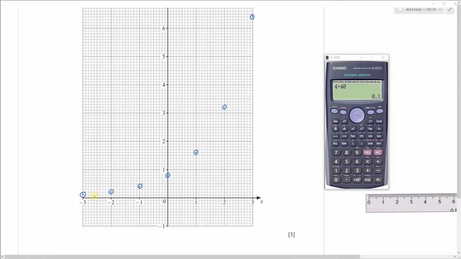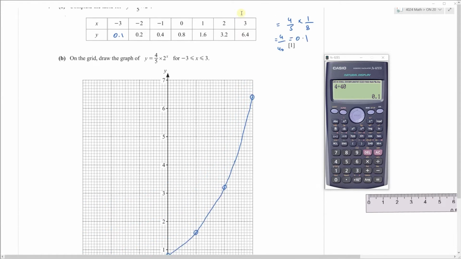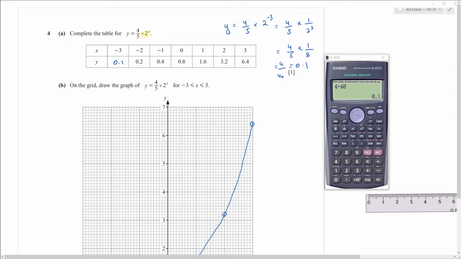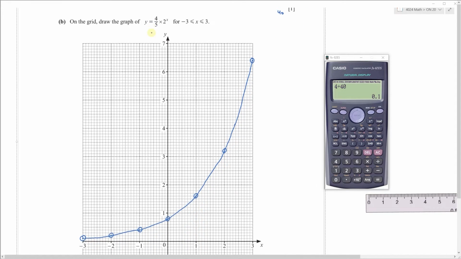So now we can join them to form a smooth curve. So let me try to do that. So this is your graph for the equation y equals 4 over 5 multiplied by 2 power x.